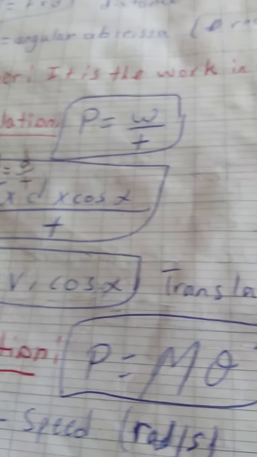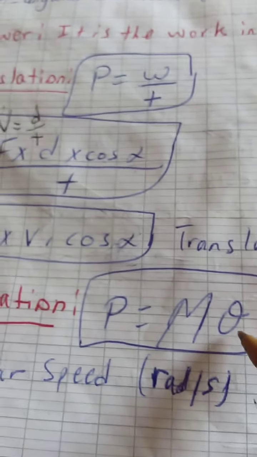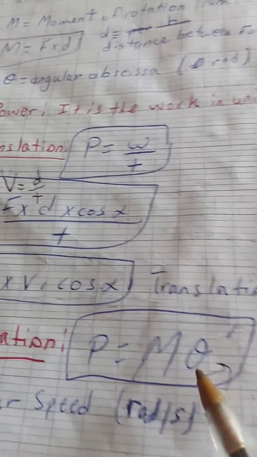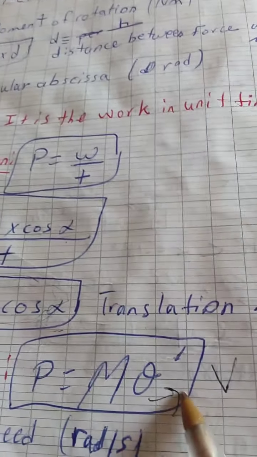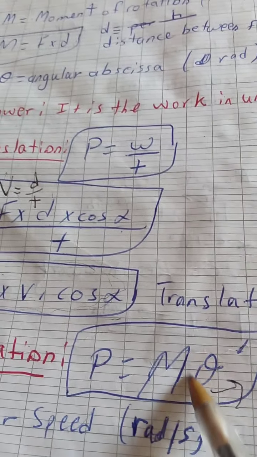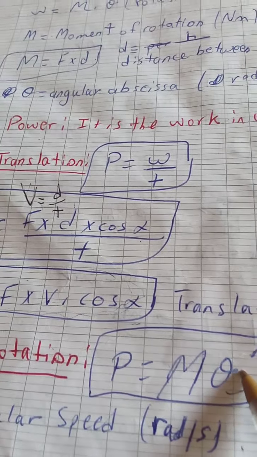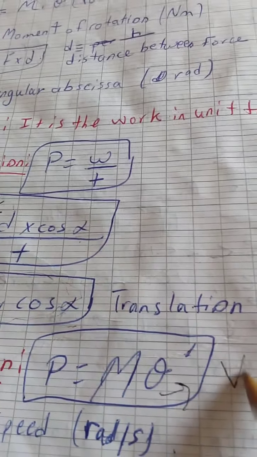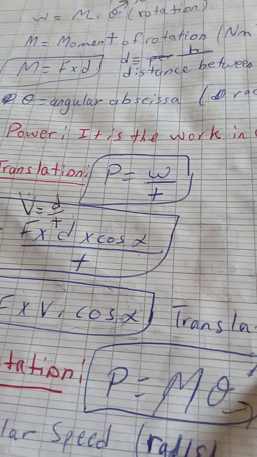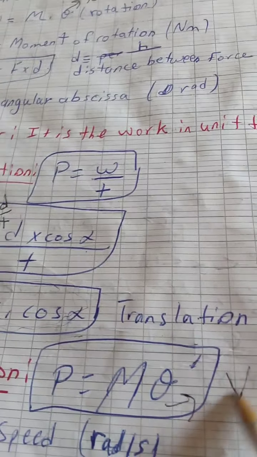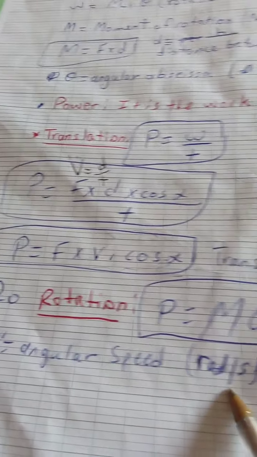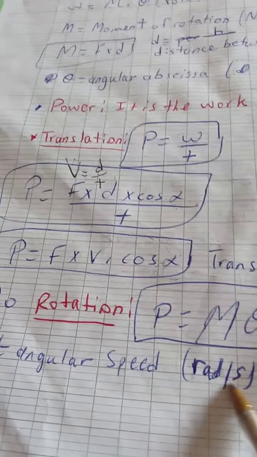But in rotation we don't put v, because we take the derivative of theta, we get theta prime, which corresponds to v in translation. In rotation theta prime is the angular speed, measured in radian per second.